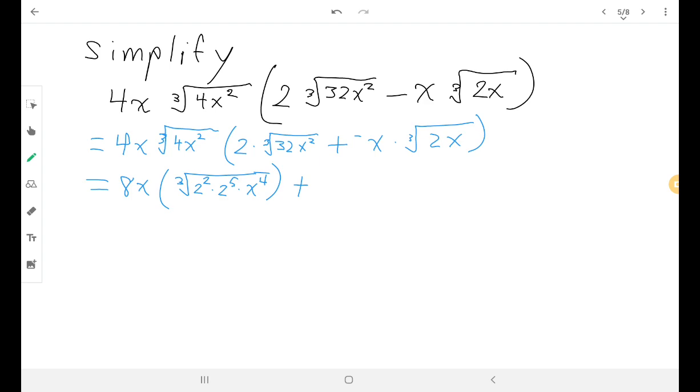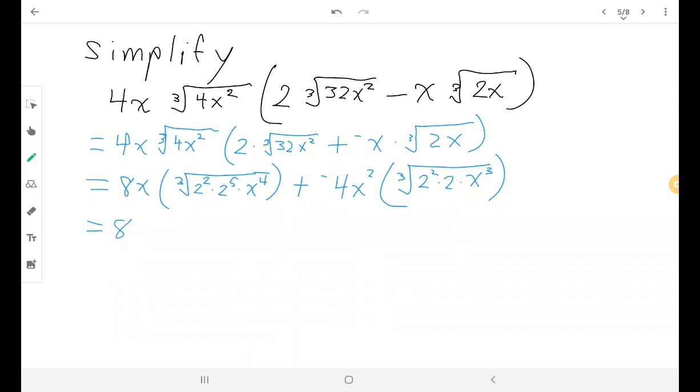Plus, positive times negative is negative, and 4x times x is 4x squared times the cube root of 2 squared times 2 times x squared times x, which is x to the 3rd, which is going to be convenient. That whole thing is convenient, you can probably see.